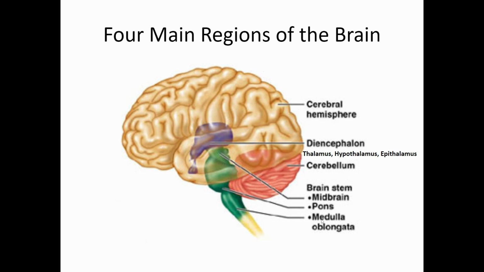The medulla oblongata is actually continuous with the spinal cord. And even though the spinal cord is very important, it's a part of the central nervous system, just like the brain. It's not actually a part of the brain itself. It's just an adjacent or associated structure.